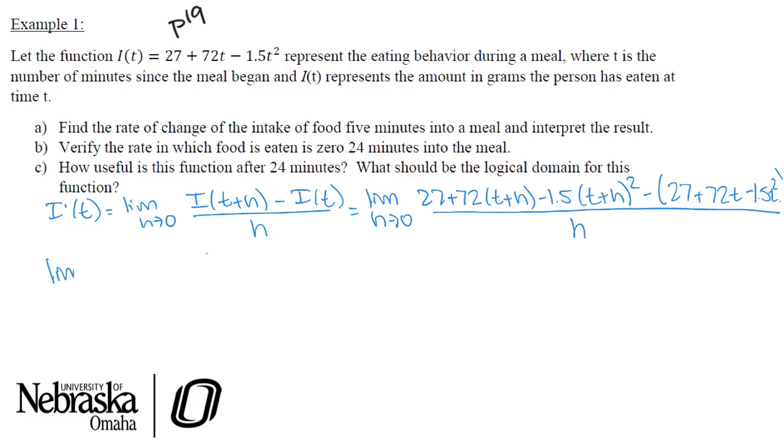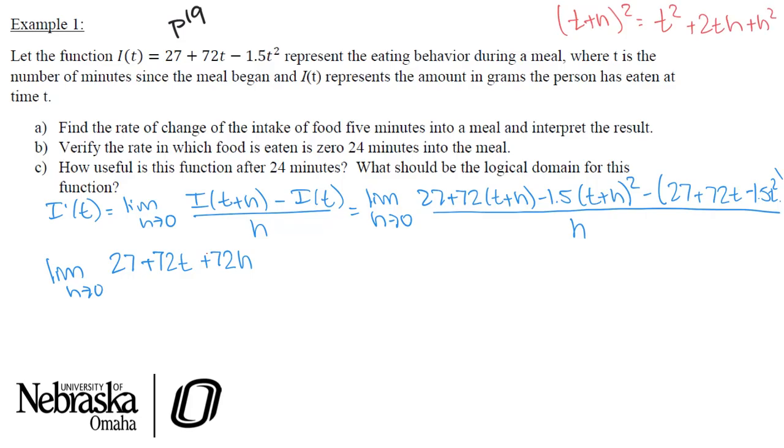Now we have some algebra to do. We want to distribute our 72, so we have plus 72t plus 72h. Now, we also want to FOIL this t plus h. So off to the side, t plus h squared is equal to t squared plus 2th plus h squared.